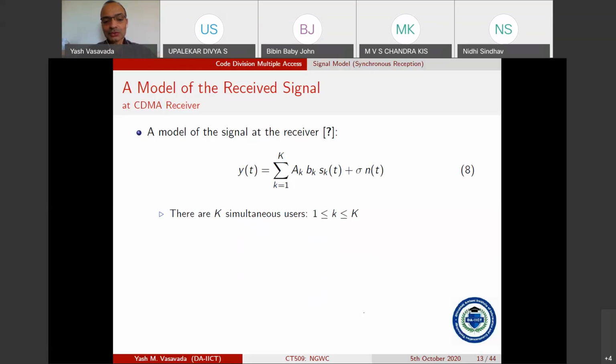It relates to when there are multiple users that are simultaneously connected to, for example, a base station or a particular satellite, or even it could be a set of sensors that are put in, let's say, some agricultural land, and those sensors are talking to the so-called central unit of this wireless sensor network.